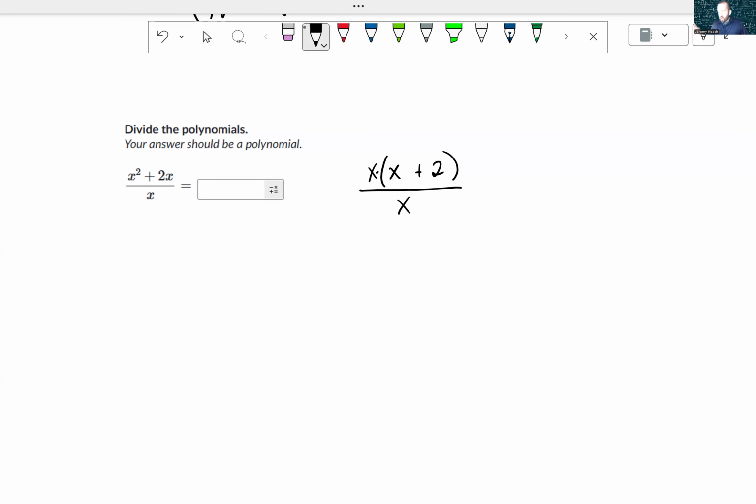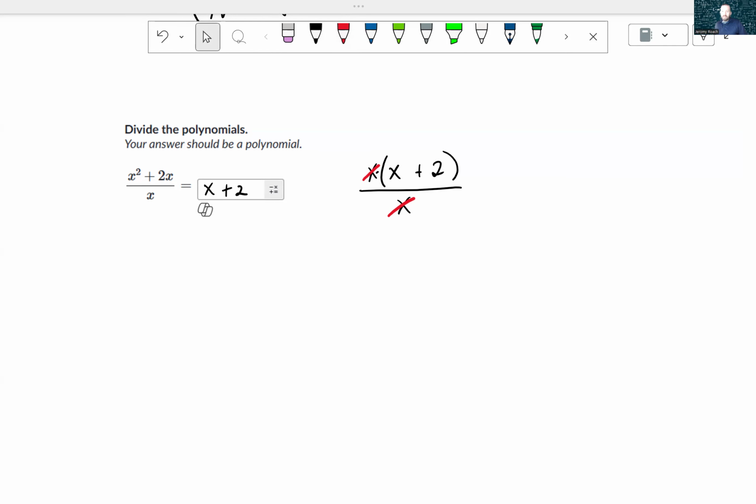Now this says times, and we can cancel out these x's. x divided by x is just 1, and 1 times x plus 2 is just x plus 2. So that's our final answer for this one. We factor the top and see if any common factors cancel out.